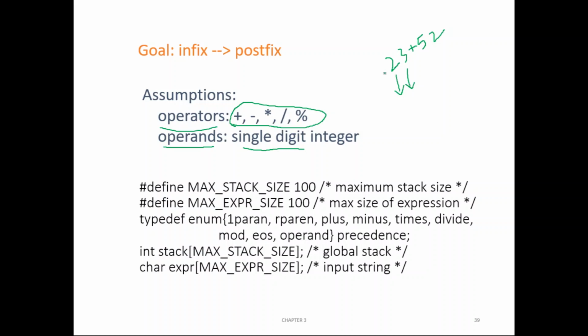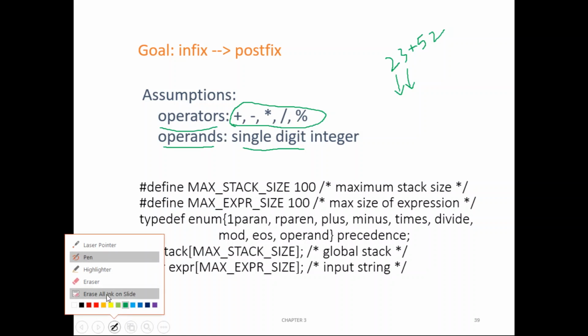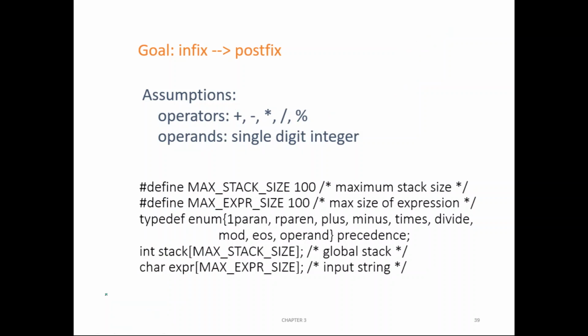The program length will increase. To avoid that, we assume that each number has only 1 digit, because our objective here is to understand how the compiler evaluates a postfix expression using a stack. Once this simple program is implemented, later you can upgrade it for multiple digits or other operators also. That's not a big deal.